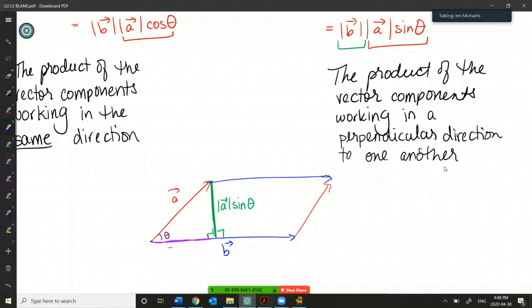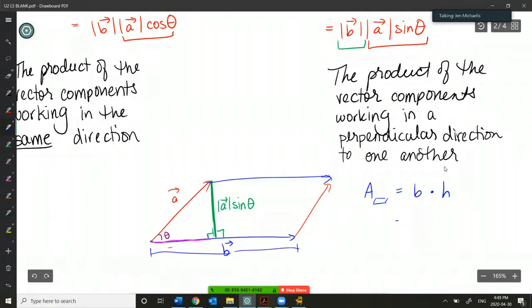So how do I find the area of a parallelogram? Well, the area of a parallelogram is the base of the parallelogram times the height of the parallelogram, and this needs to be the height measured perpendicular to the base. So the base here is the magnitude of vector B. It's going to be this length right here. And what's the height of the parallelogram?